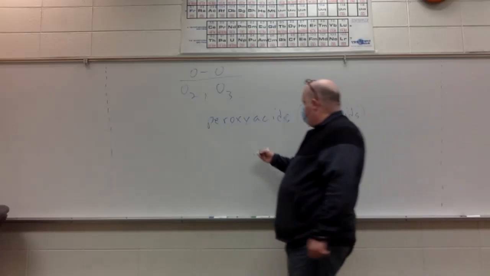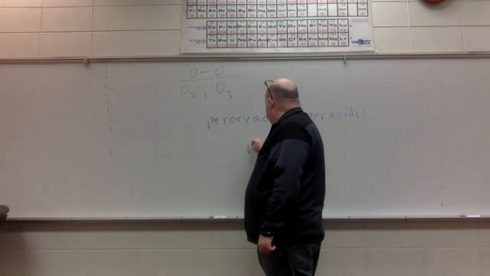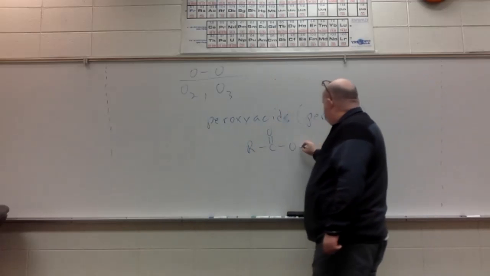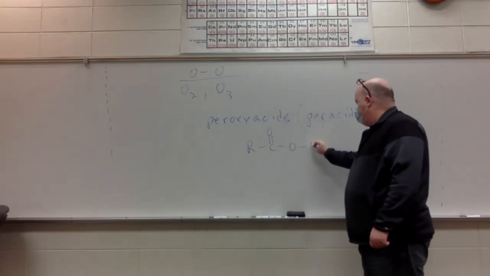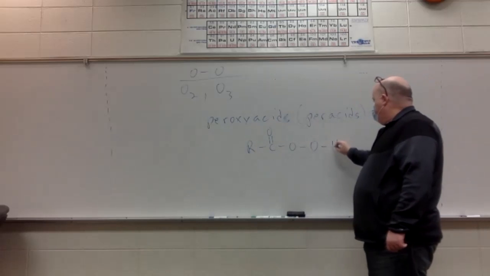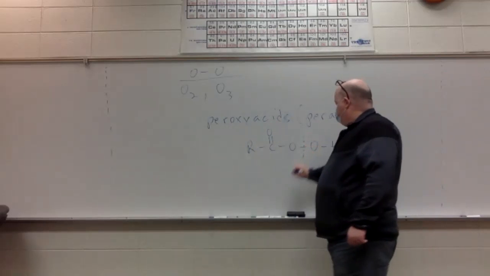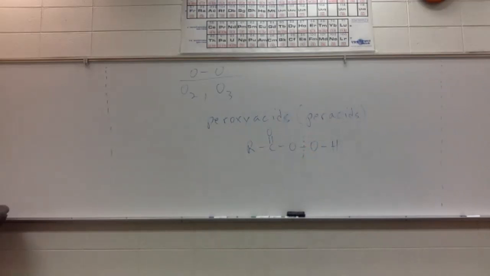They have a structure very, very similar to a carboxylic acid. However, instead of just an OH attached to a carbonyl carbon, it's got an extra oxygen. So that's where you cleave the bond in order to get a redox reaction.